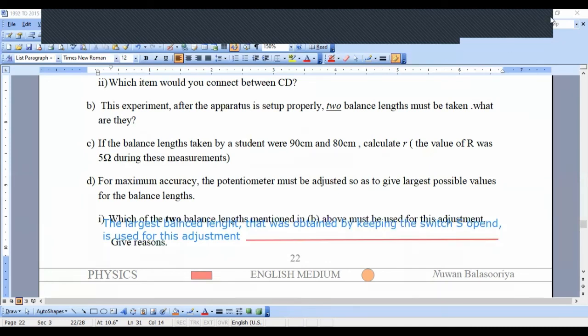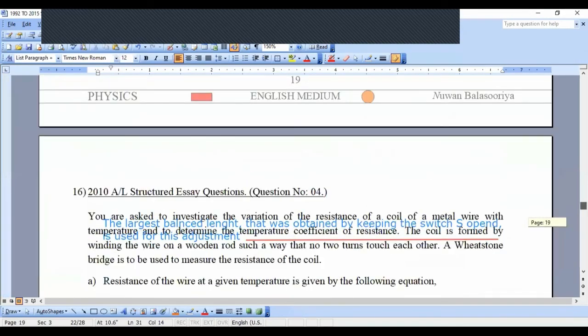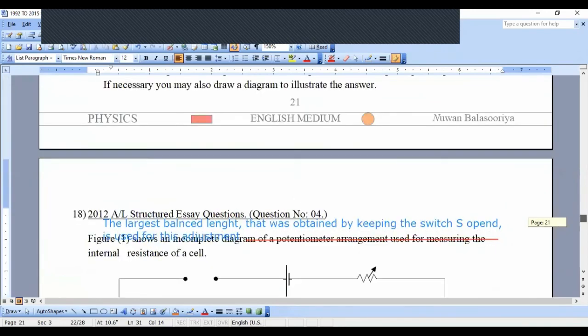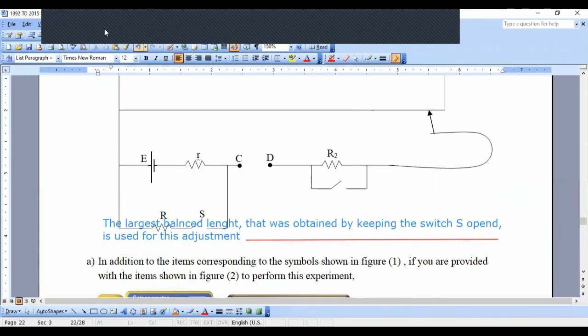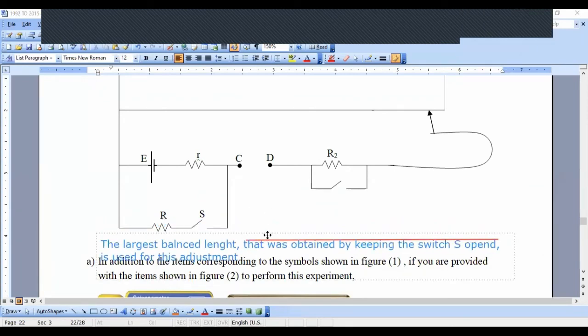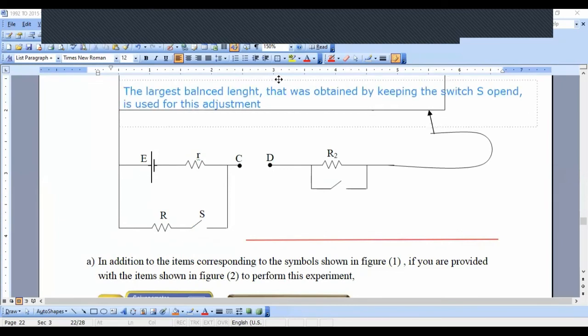Let me show you the switch S here. You see this switch with the capital R, right?